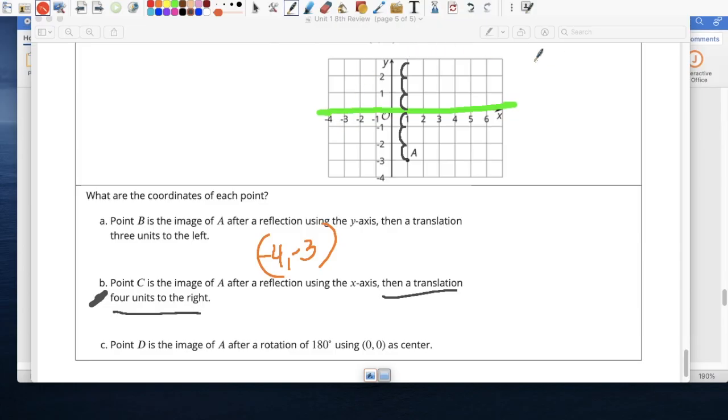Then we're going to go 4 right. So let's count. So from here, we're going to go 1, 2, 3, 4. And this is point C right here. So point C, where is it? It's on 5, comma, 3.